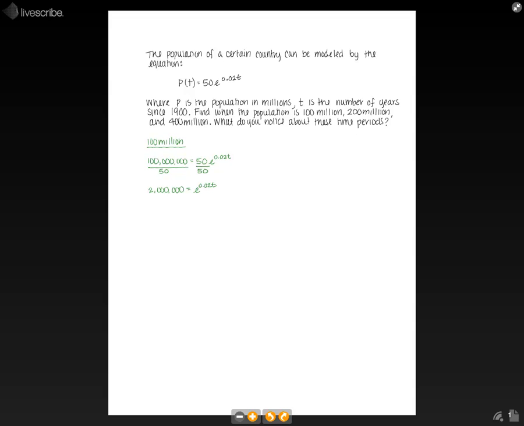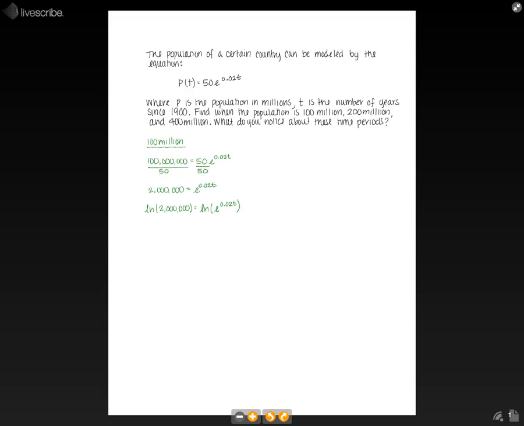Now, since we want to solve for t, and it's an exponent, we need to get it back into the regular part of the expression. To do that, we do the opposite of e, which is take the natural log of both sides. So we take the natural log of 2 million, set that equal to the natural log of e to the 0.02 t.